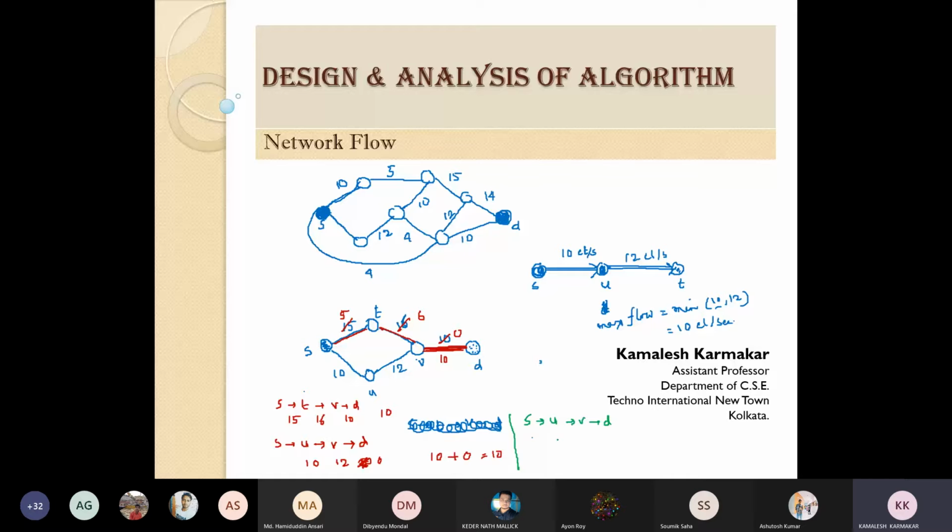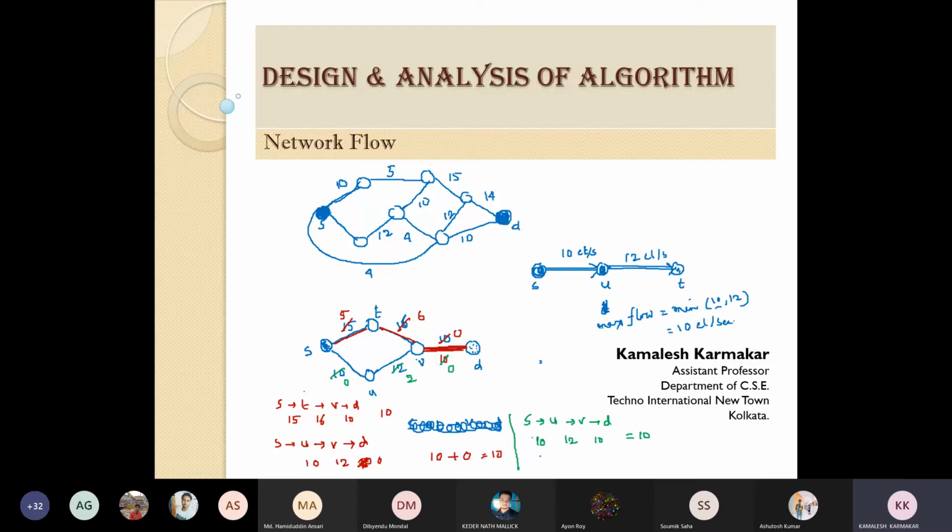S to U, initially it was 10, so 10, 12 and D is 10. So maximum flow through this path is 10. In that case, the capacity will be updated. So 10 minus 10, already 10 units are being used, so its remaining capacity is 0. Its remaining capacity is 2. Its remaining capacity is 0.